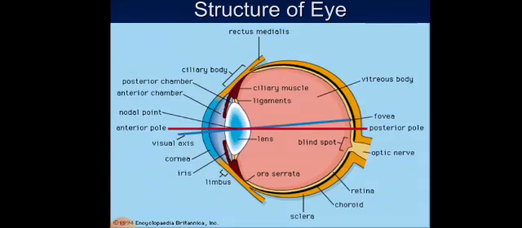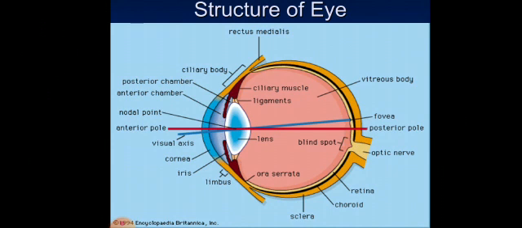Let's go to slide 2. Slide 2 gives you a detailed picture of the structure of the eye. When you look at this picture, there's a picture of the eyeball. The eyeball is a fluid filled spherical organ with a diameter of around 24 millimeters. All the optical systems are present in its anterior part, and the posterior part has the visual receptors.